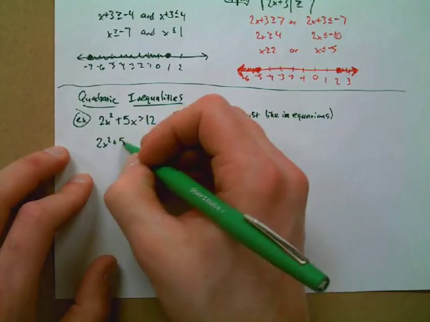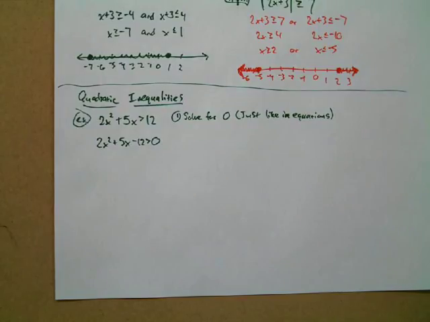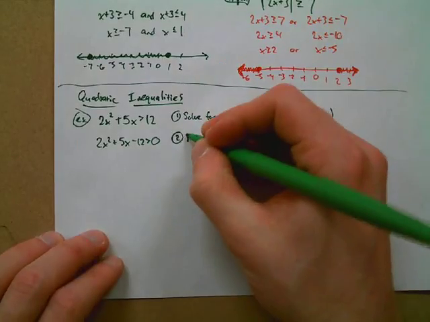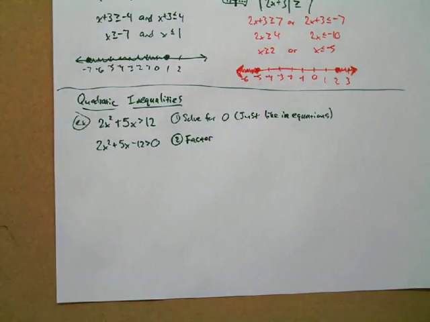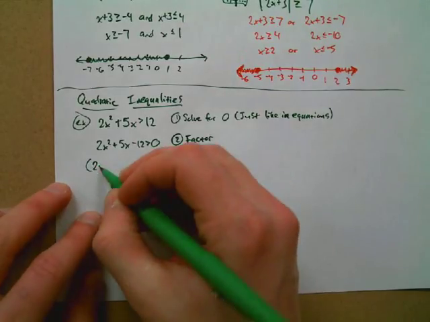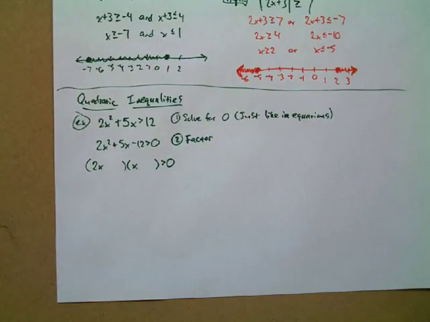And then we will factor, just like we do when we're solving the equations. So let's see, 2x and x. This is minus 3 and then plus 4 there. 8x minus 3x is 5x, yeah.